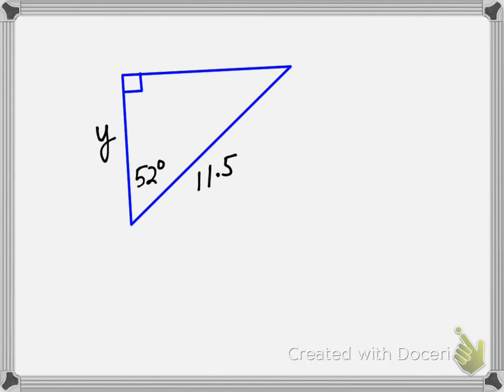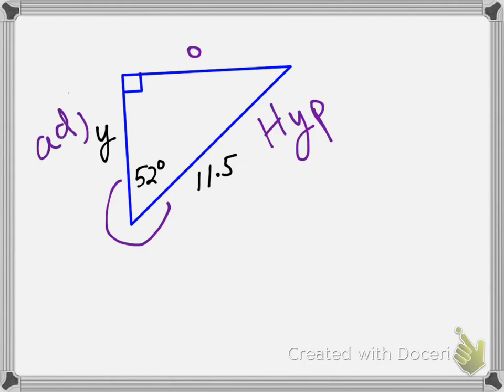So we'll try one more, and this is the case where the x is up high. We'll again identify our opposite, our adjacent side, and our hypotenuse. Adjacent and hypotenuse is actually what we'll need on this one. So we'll be using cosine, and it's going to be the cosine of 52 degrees is going to be equal to y.